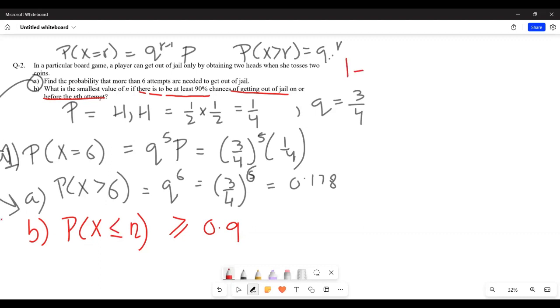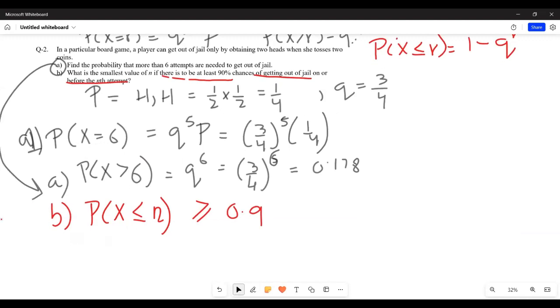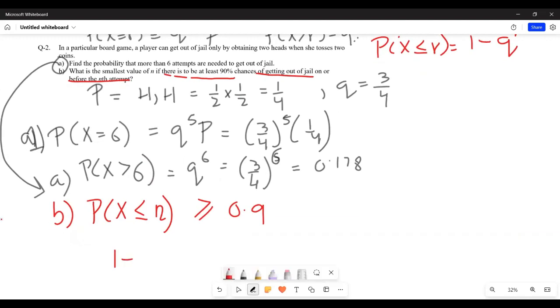And probability X is less than or equal to R is 1 minus QR. So this is going to be 1 minus Q power n, greater than or equal to 0.9.